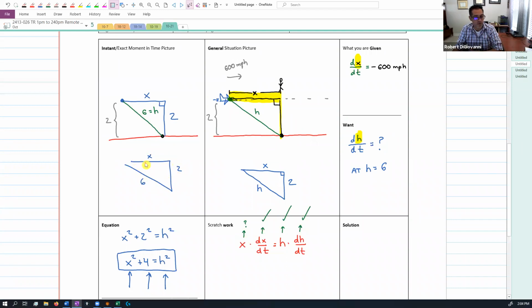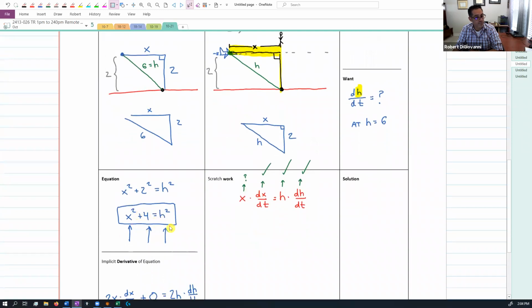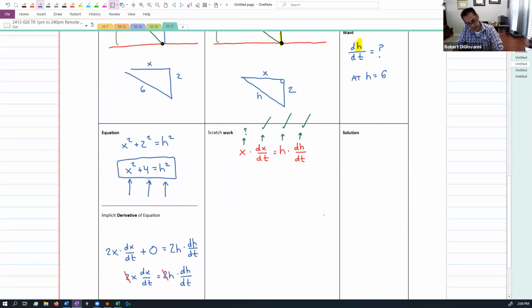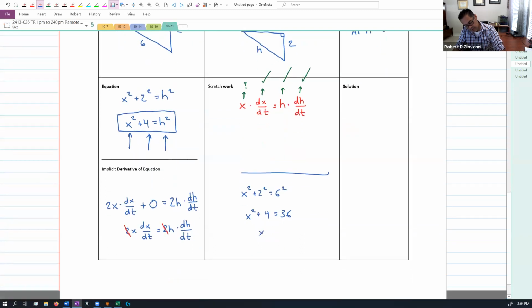Using the same good old Pythagorean that we did over here. So I'll do that down here. I know that x squared plus 2 squared must be 6 squared. So x squared plus 4 must be 36. So x squared must be 32. So x must be the square root of 32.